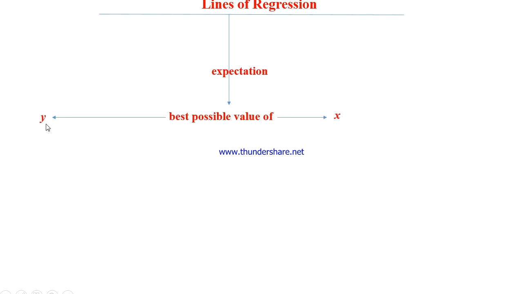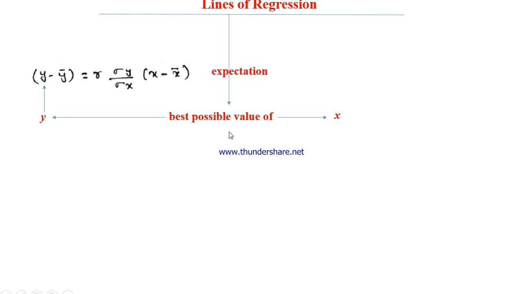The line of best fit which is used to estimate the value of y is given by y minus y bar equal to r sigma y by sigma x into x minus x bar. This equation can be derived by using the method of least squares.